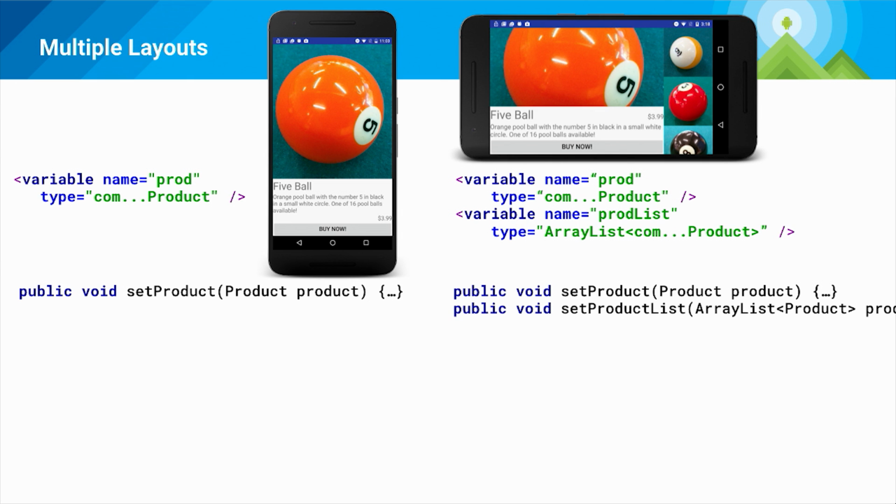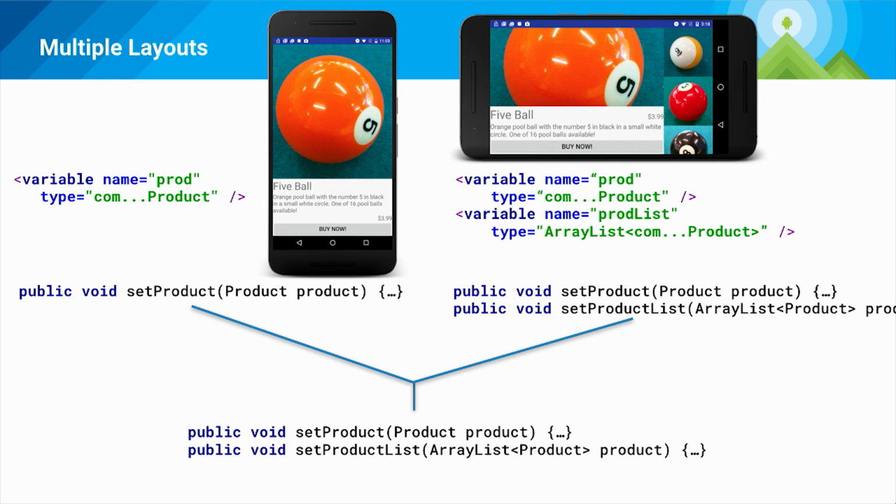You don't want to have to do, if it's landscape, do this, and if you're in portrait, do this. So instead, what we do is we merge all of your variables, and we produce one that has the summation of all the variables that you need. And the binding will just say, oh, I only need these variables, and I'll use those in my layout. The rest of them, I'll just not use at all. You just set it and forget it.